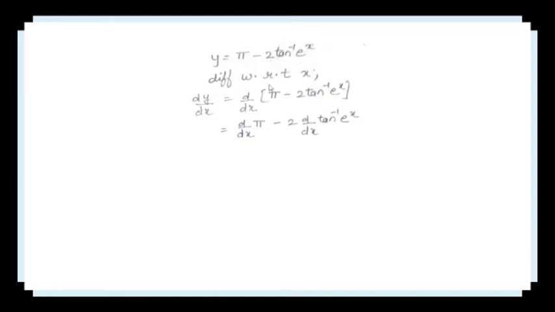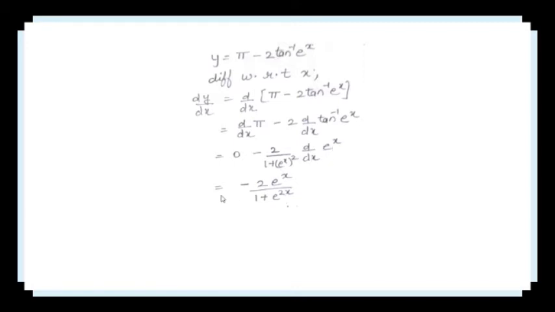So we will be differentiating. So dy by dx will be d by dx of pi minus 2 tan inverse of e raised to x. So derivative with respect to x, pi will be 0 and 2 d by dx of tan inverse of e raised to x. So this will be 0 minus 2 upon 1 plus e raised to x square and again the derivative of e raised to x.